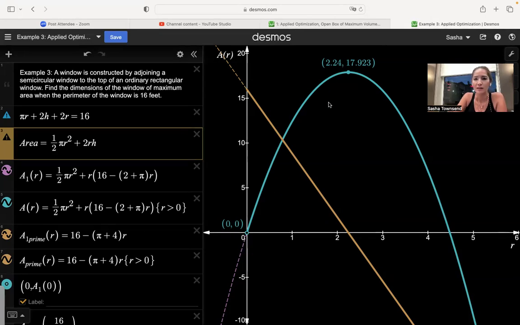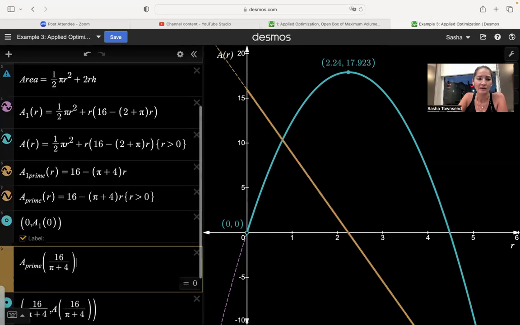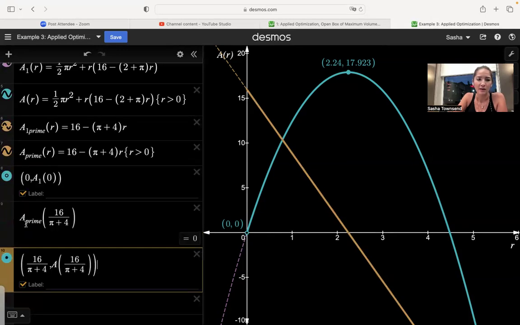In order to find the optimum value of that function, we took the derivative, we simplified it, and we got this. When we set that derivative equal to 0, we got r equals 16 divided by the quantity pi plus 4. If I evaluate A prime there, I get a 0. And if I evaluate the area there, I get 17.923. So it looks like our window has a maximum area of 17.923 square feet.